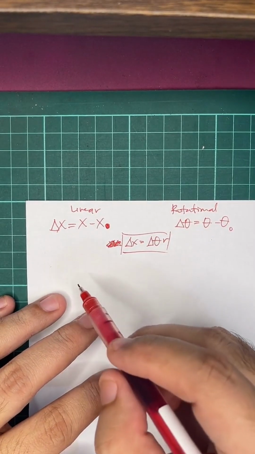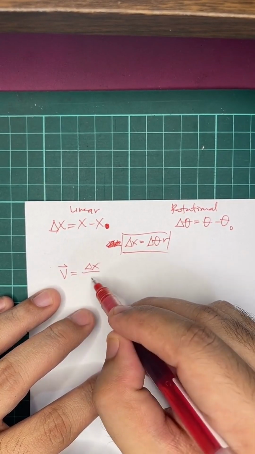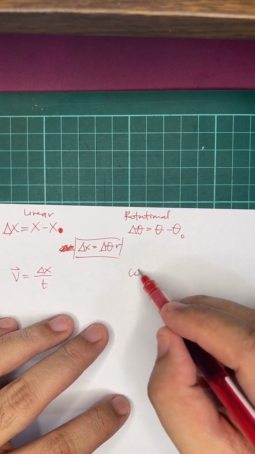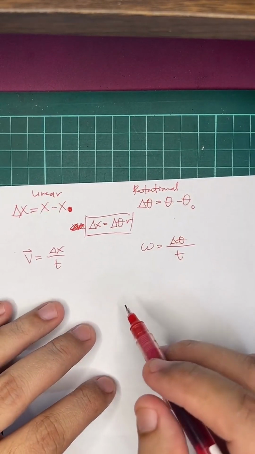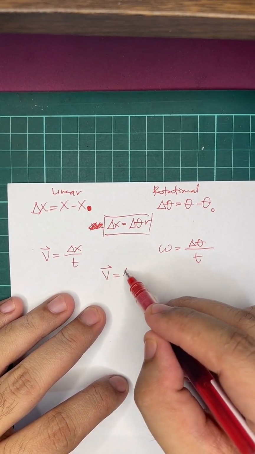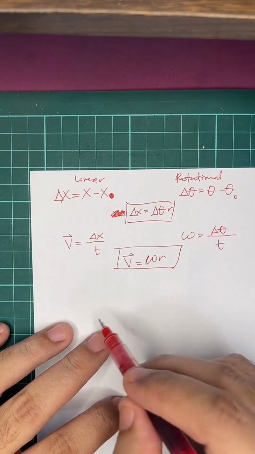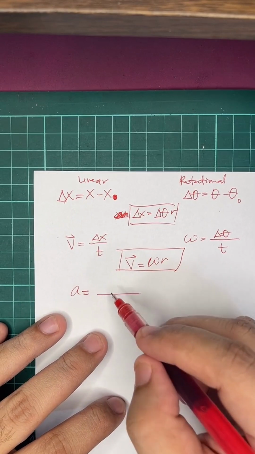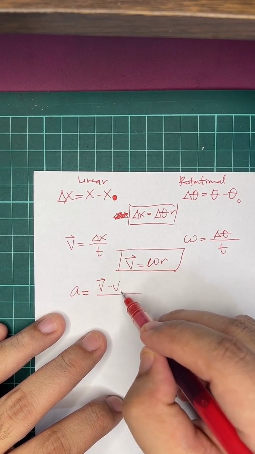For velocity, we have v is equal to delta x over t. For rotational, we have omega equals delta theta over t. For the relationship, we have v is equal to omega r. For acceleration, linear is v minus v naught over t.